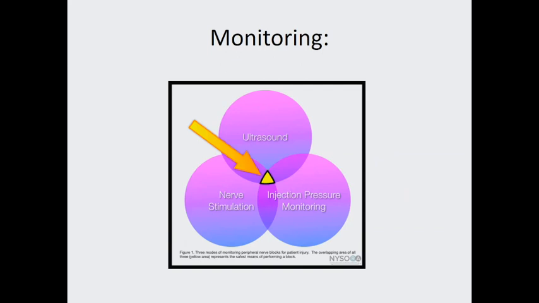And the nerve stimulation we use for identification of the nerve, as well as for being sure that we are not deep in the nerve, because depending on the value of the electrical current, we know whether we are too close to the nerve or in the nerve.